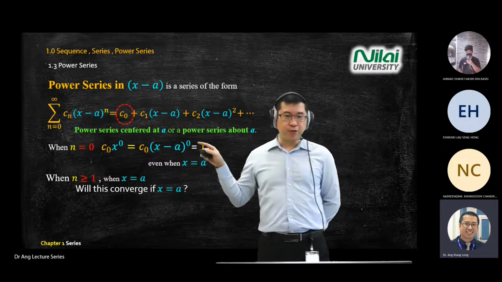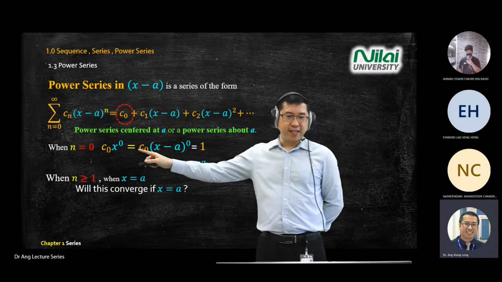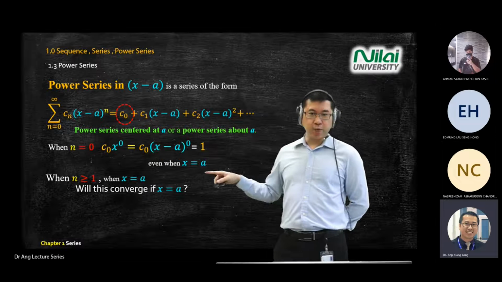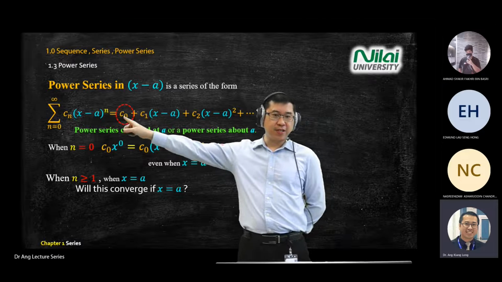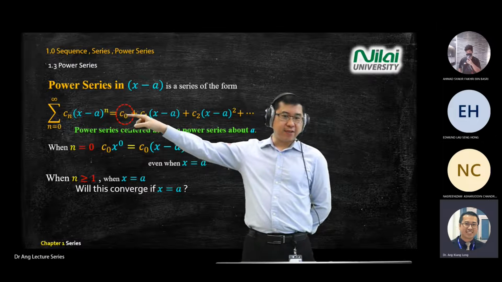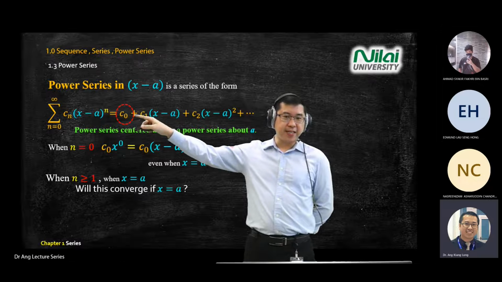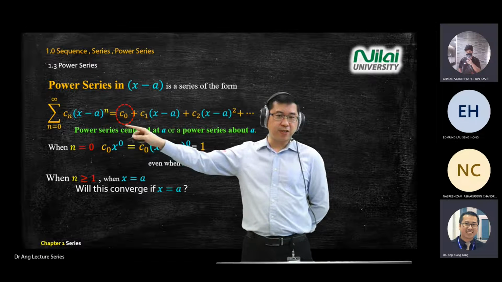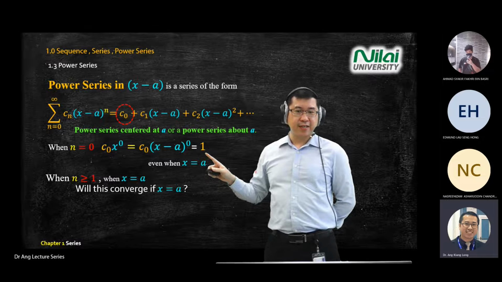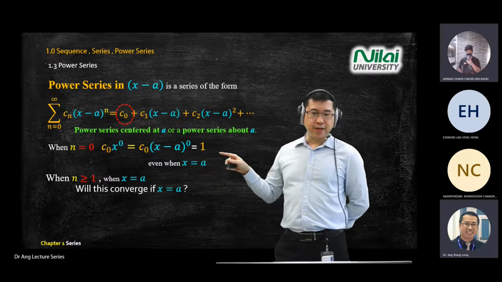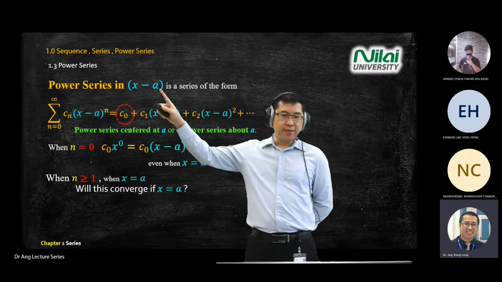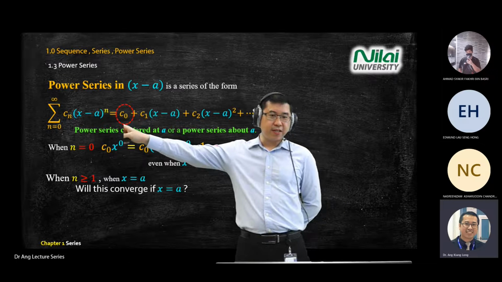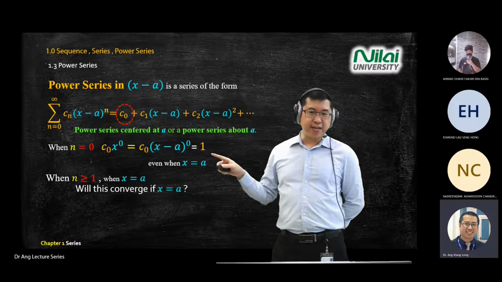Now, just now we explained to you, when your n is 0, you get 1 in this equation. You look at the far left, Cn bracket x minus a to the power n, when your n equals 0, you get 1, right? And even when we use x equal a, you get 0, and 0 to the power n, you still get 1, right?